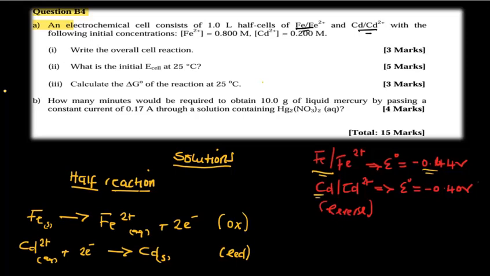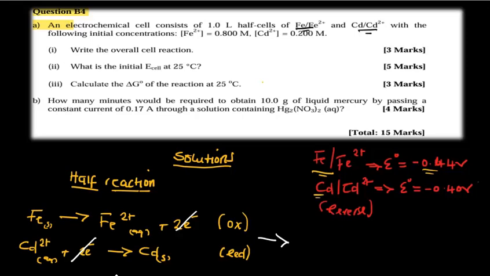So now that we have the reduction and oxidation reactions, we just have to counter check if the electrons are balanced. In this case, all the 2 electrons are balanced. The next step is for us to cancel out these electrons, and then add the 2 half reactions. By adding, we mean we add the reactants on one side as well as the products on one side.